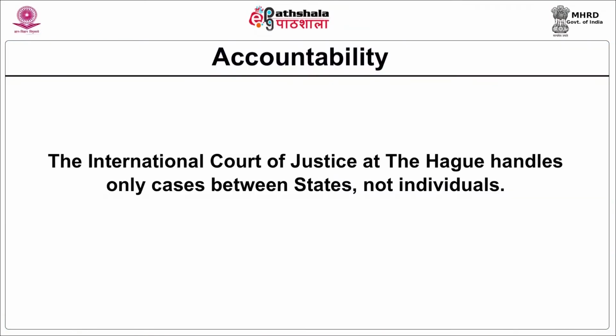What did this result in? An international criminal court has been called the missing link in the international legal system. The International Court of Justice at The Hague handles only cases between states, not individuals.